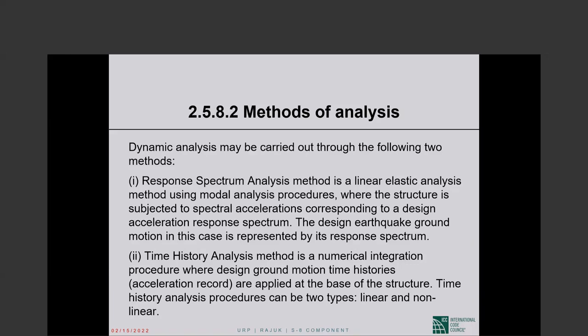Time history analysis is where we impart actual recorded earthquake ground motion or artificially generated ground motion at times to the base of our structure. When we say impart ground motion, it is typically in the form of acceleration history. We input pairs of time and acceleration.